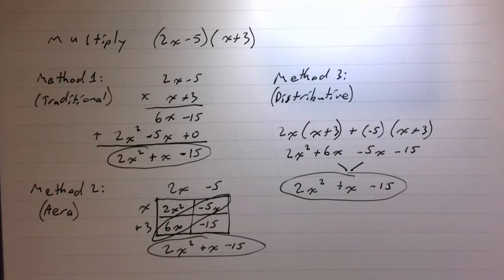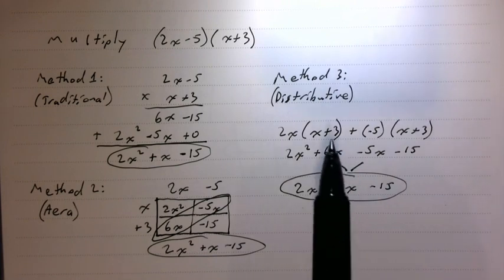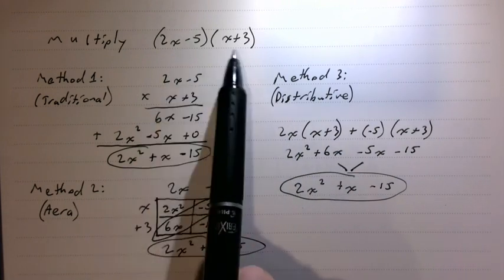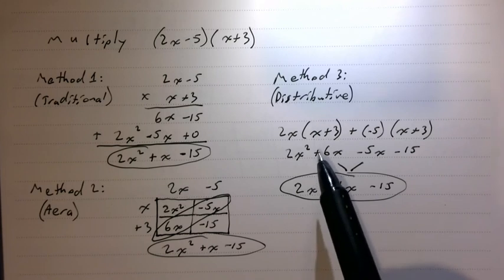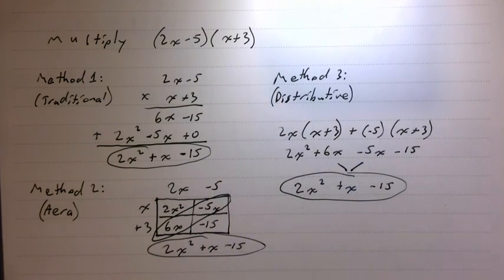Hopefully, this video combined with the first video on multiplying two-digit numbers three ways, now that we've seen multiplying binomials in three different ways, hopefully you see the connection from multiplying numbers in the way that you remember from your educational career so far to now multiplying polynomials in the same methods.